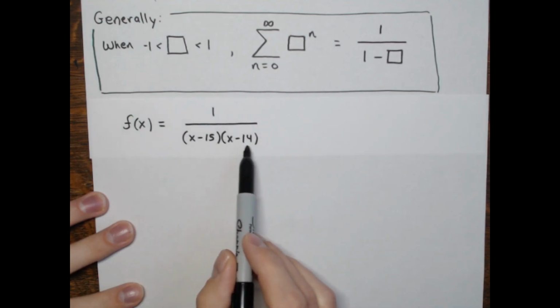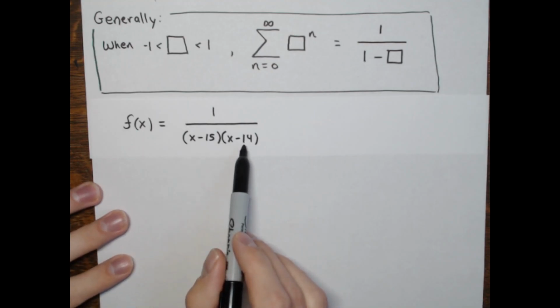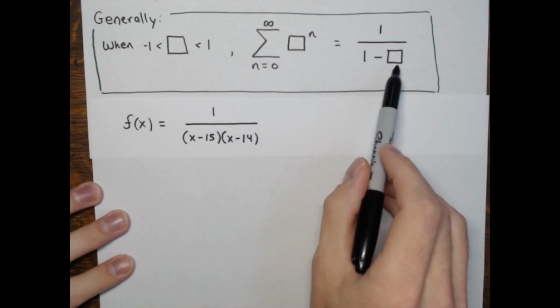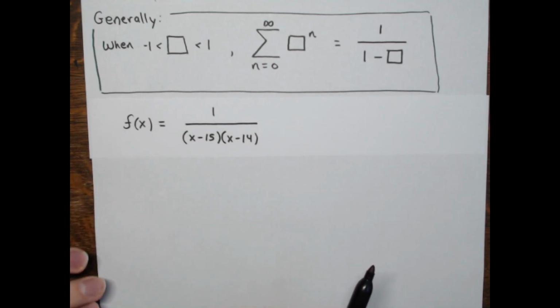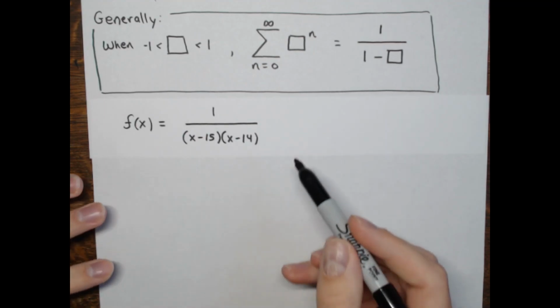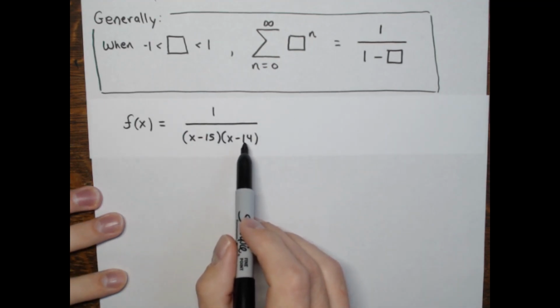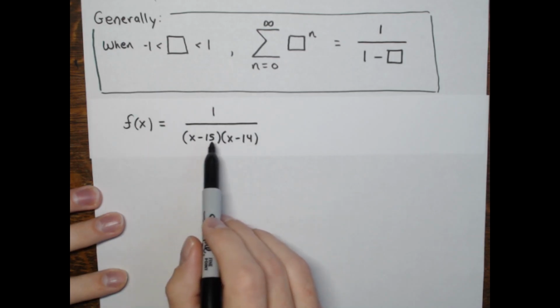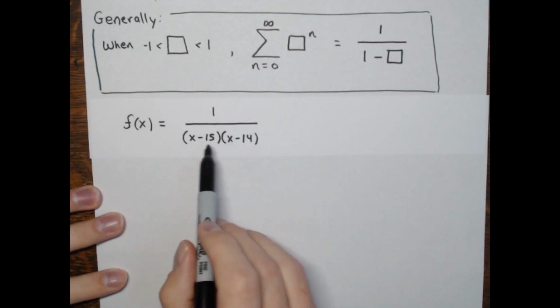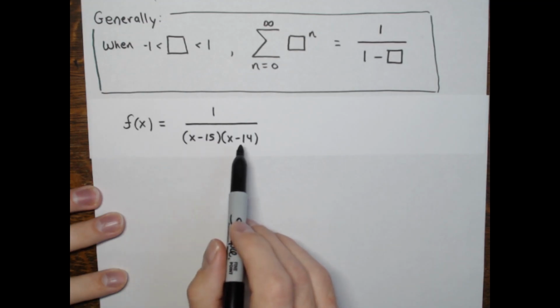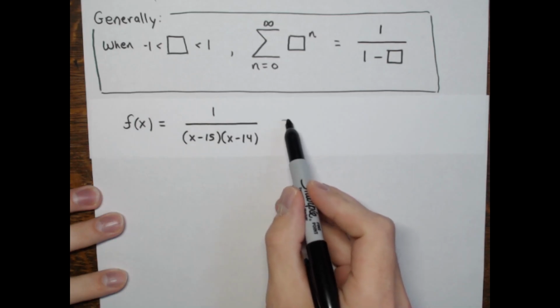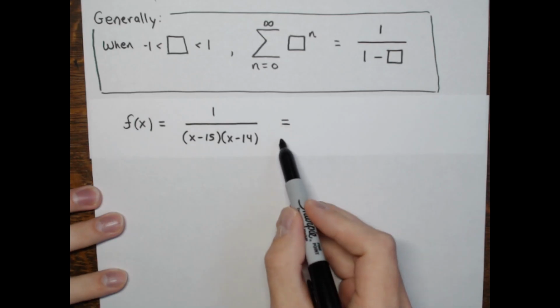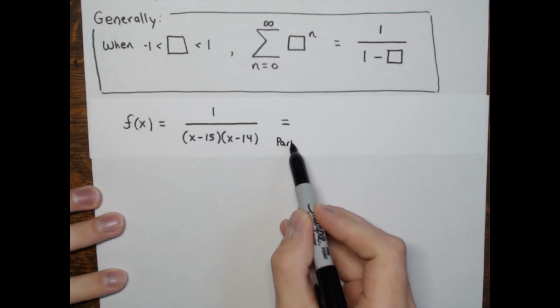Now you could multiply this out and try to write the denominator as 1 minus something. That would be a little ugly in my opinion. My suggestion, because this is nicely factored already into x minus 15 times x minus 14, is that I think they want us to write the partial fraction decomposition here.